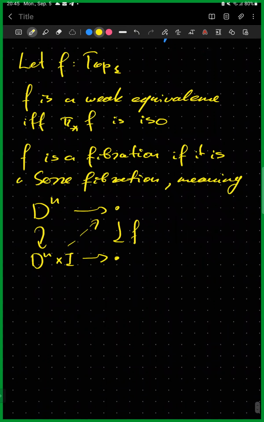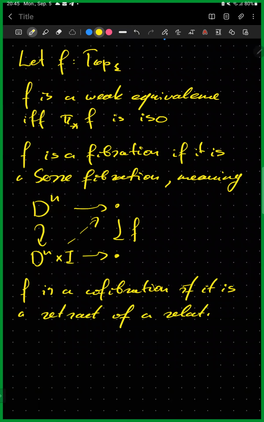And finally, F is a cofibration if it is a retract of a relative cell complex. So what is a relative cell complex?